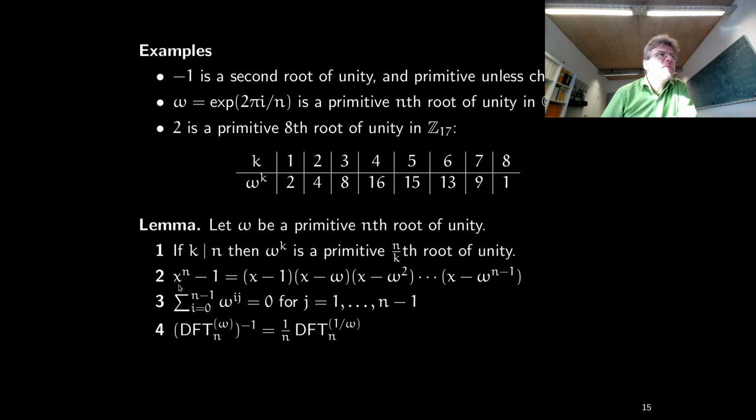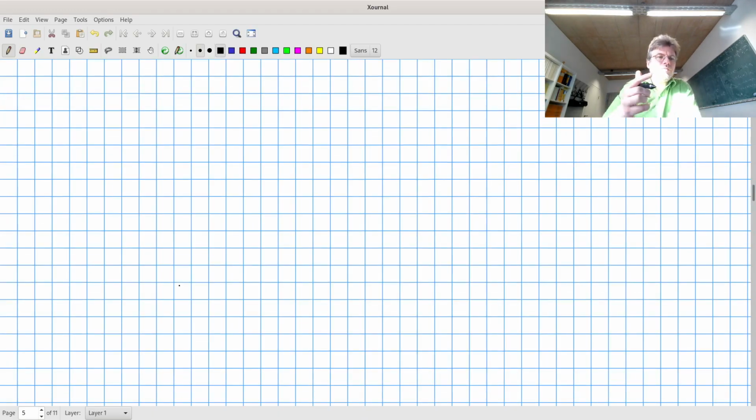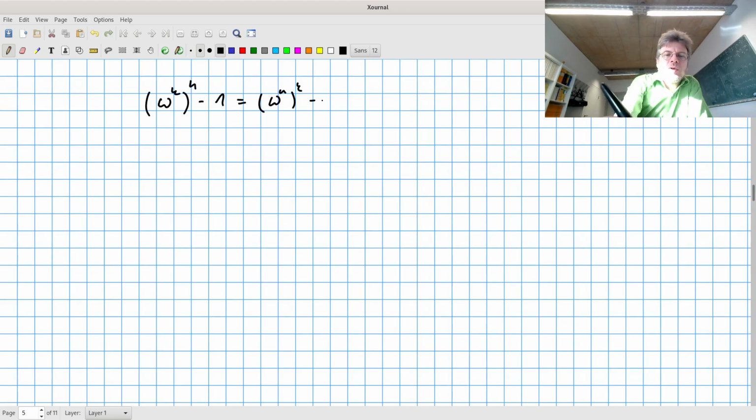Let me write. So omega to the k to the n minus 1 is omega to the n to the k minus 1. This one is 1, so this is 0, and this means every omega to the k is a root of x to the n minus 1, for every k.